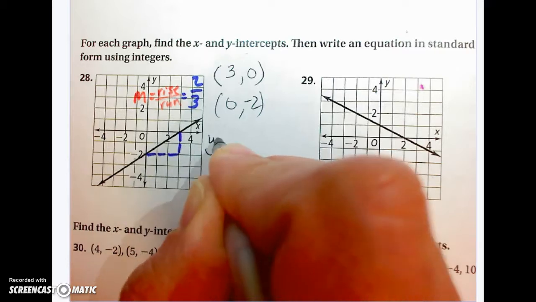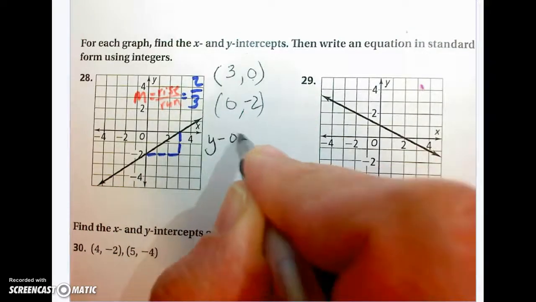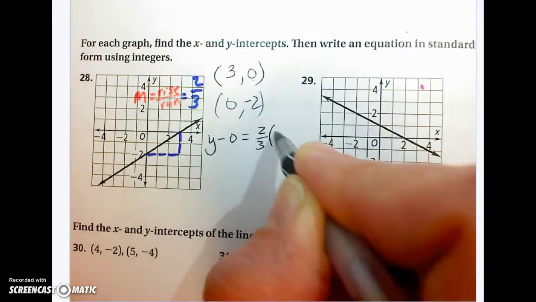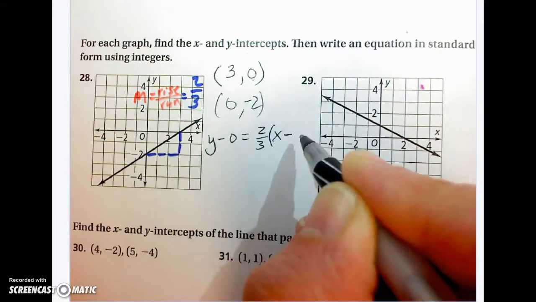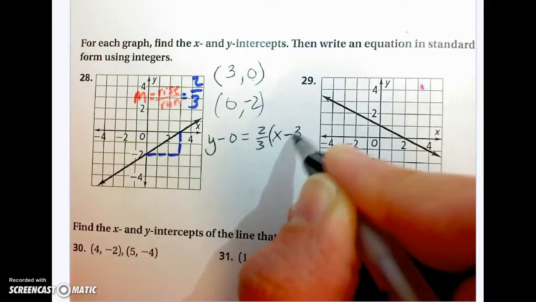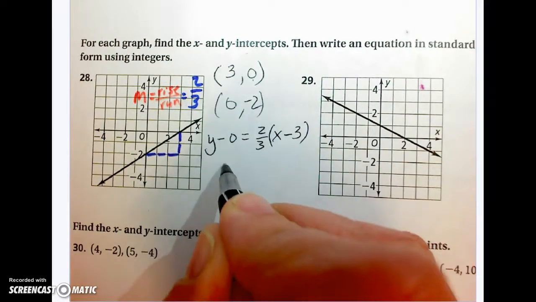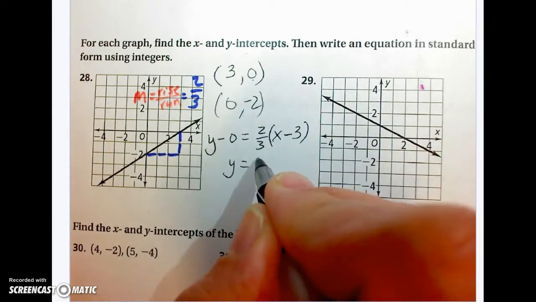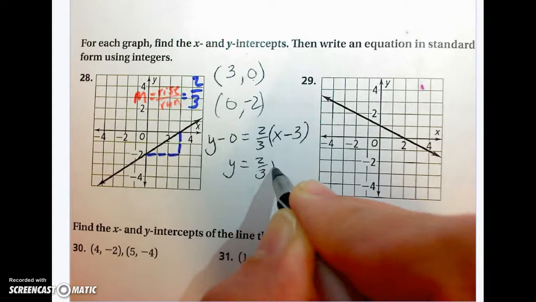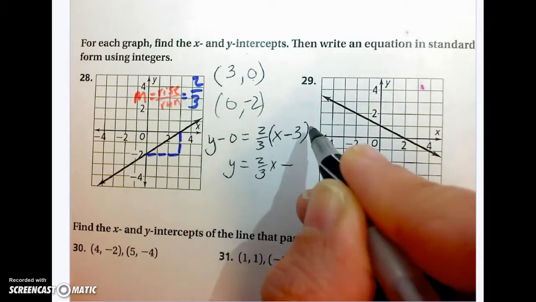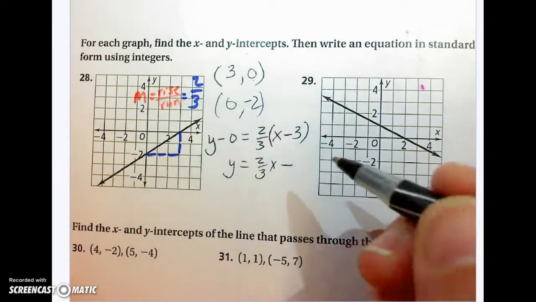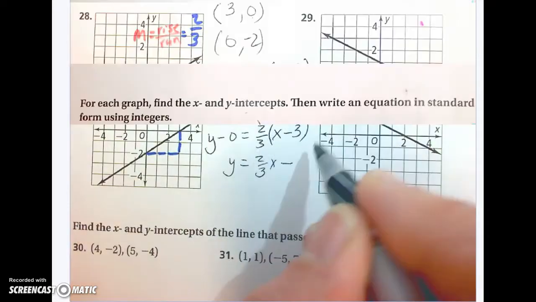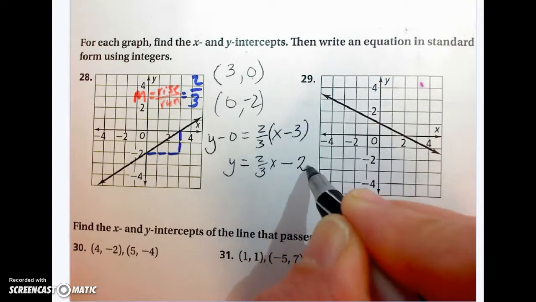Y minus 0 equals the slope 2/3 times x minus 3. So y is by itself, and I have 2/3 x minus 3 times 2/3, or sorry, 3 divided by 3 is 1, so those 3's cancel out, so 2 is left.